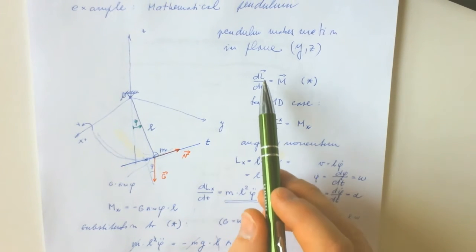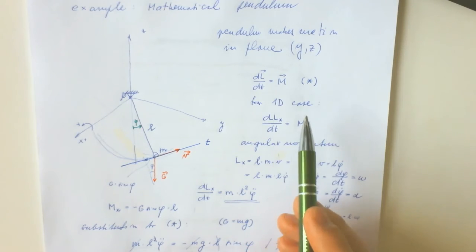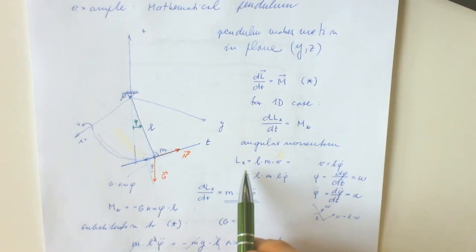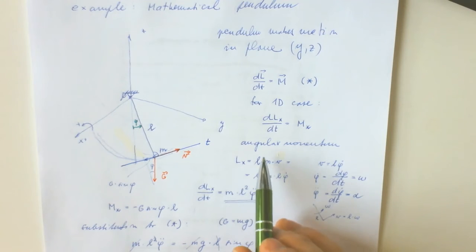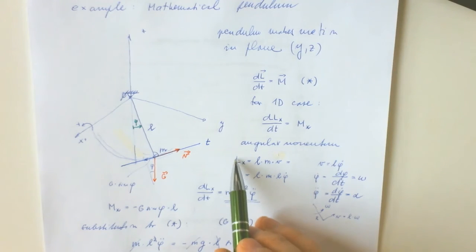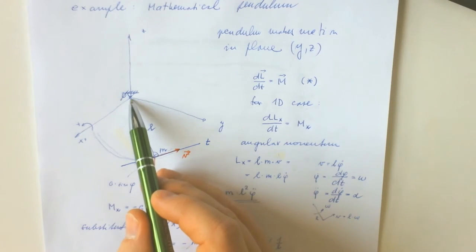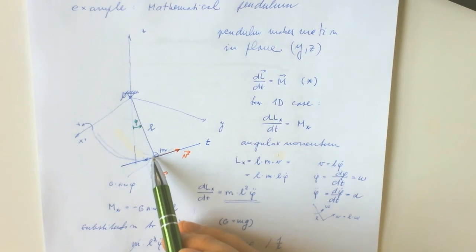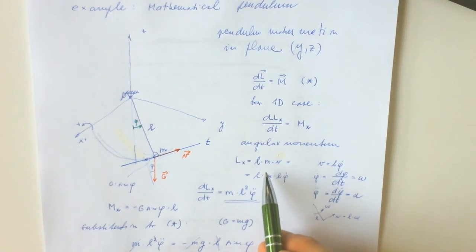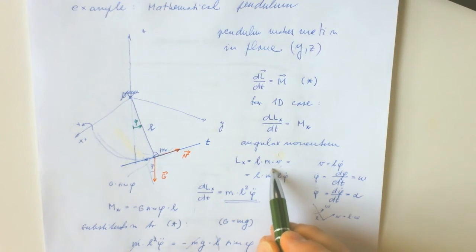If we want to use this equation, first we need to compute the angular momentum. So angular momentum about the x-axis is the displacement vector, the radius, by velocity, and by m, because this is p. Radius by p is angular momentum, where p is the momentum.